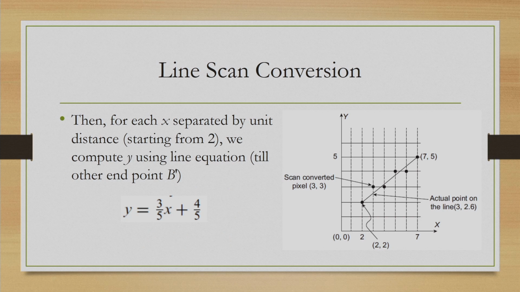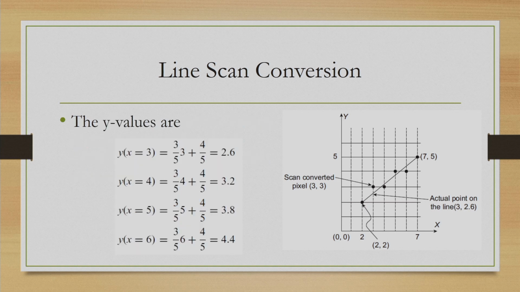Then what we do, for each x separated by unit distance, starting from the lower end pixel, that is x value is 2, we compute the y values using the line equation till we reach the other end point, and the line equation is given here. So, in this equation we use the x values to get the y values.